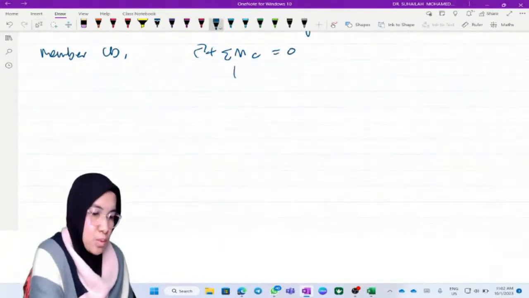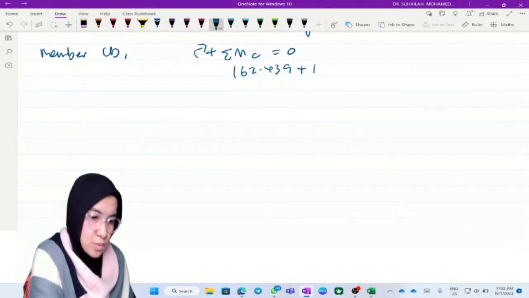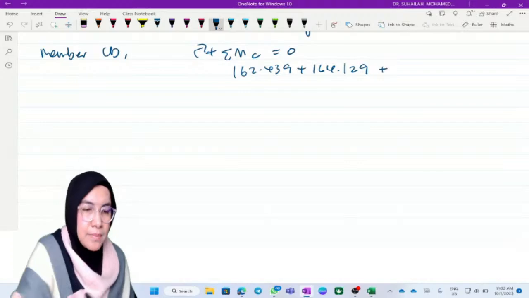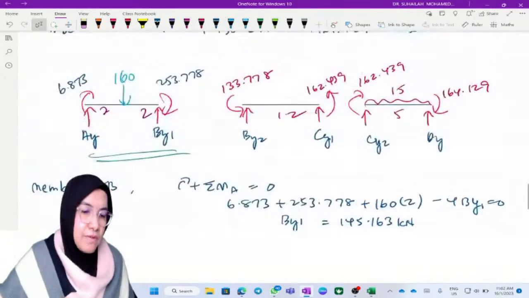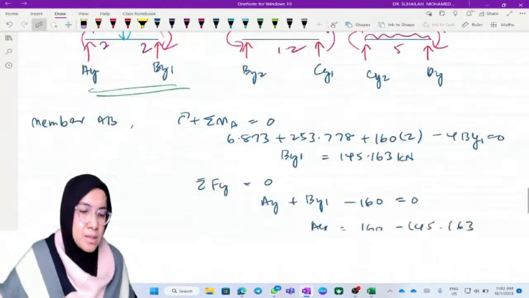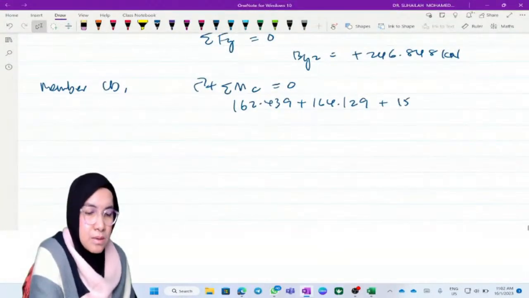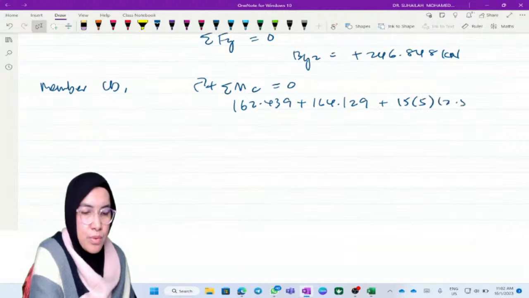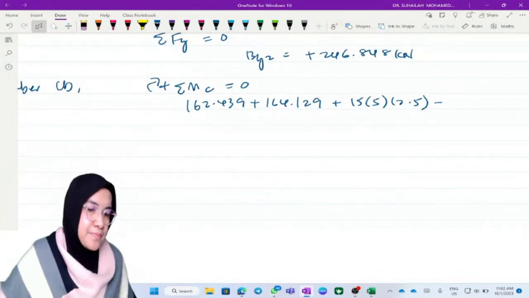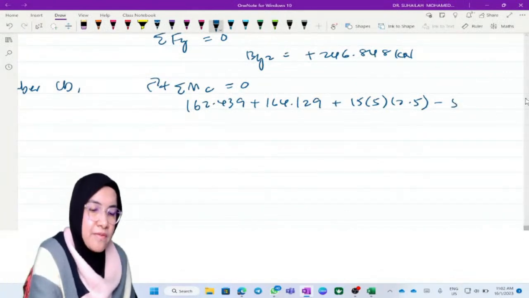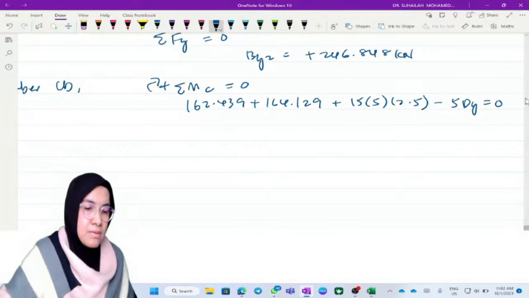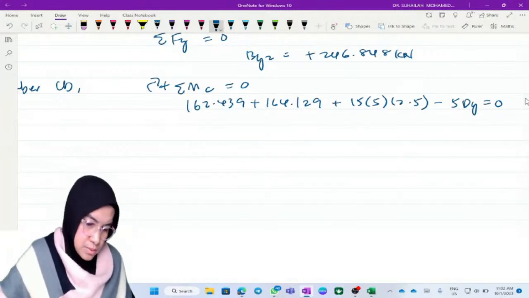Okay, it is 162.439 plus 164.129 plus UDL, which is 15 and 5, 15, 5, 2.5, minus dy, 5 dy.